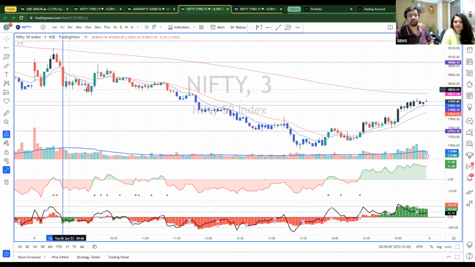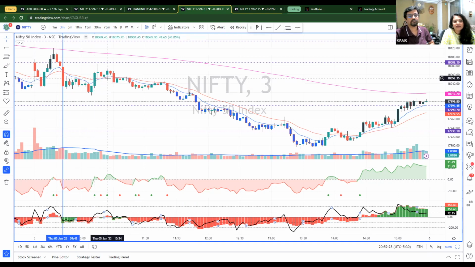This was our exit, which was a loss trade, because we had entered somewhere here, and we had to exit here after this candle. So this was one initial loss trade.